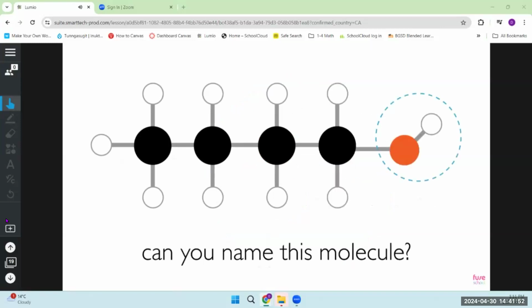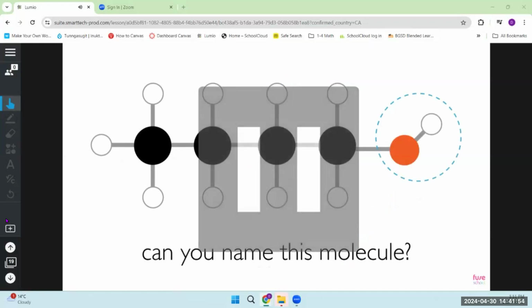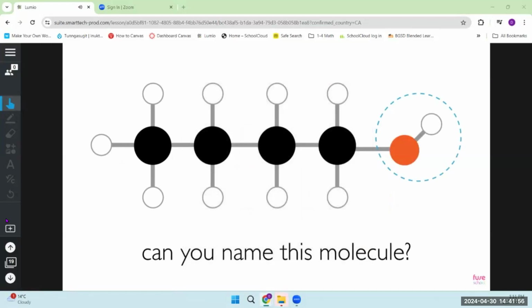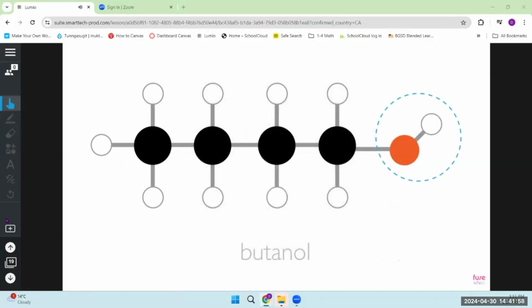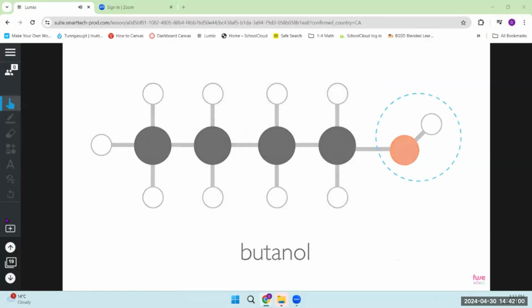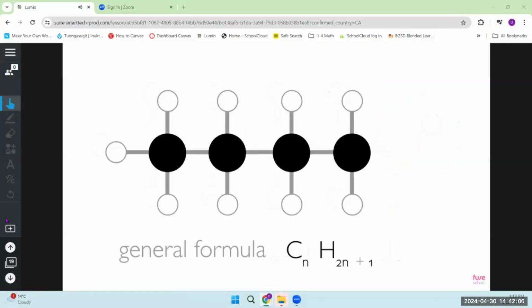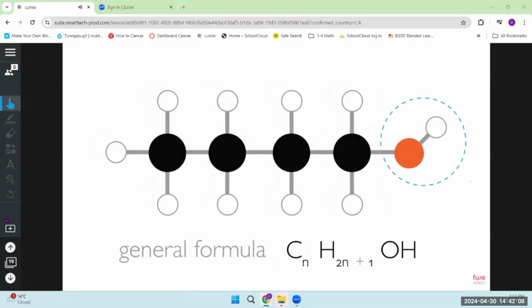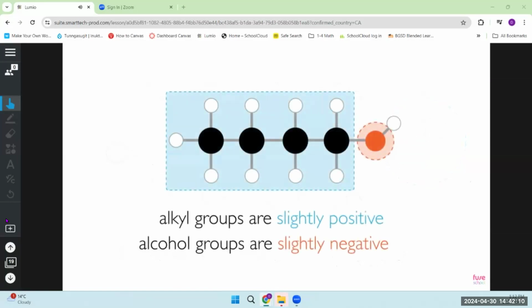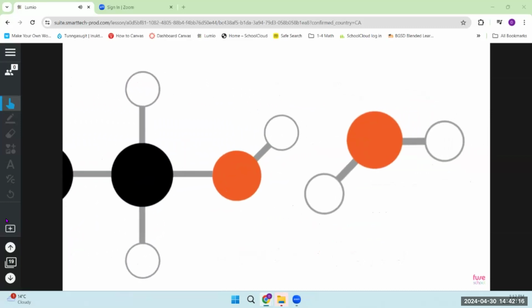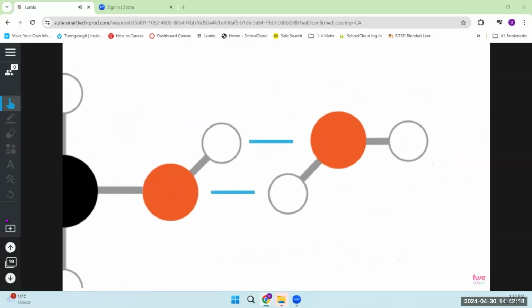Pause the video and name this molecule. This was butanol. Did you get it right? The general formula of the alcohols is CnH2n+1OH. The OH group generally makes alcohols polar molecules. The hydroxyl group also gives rise to hydrogen bonding.